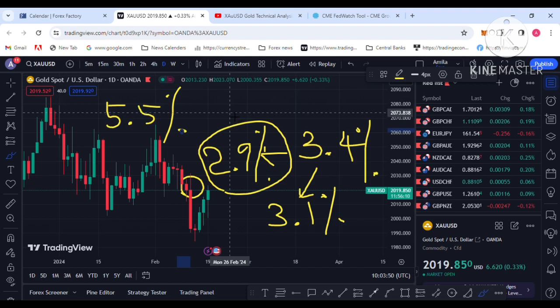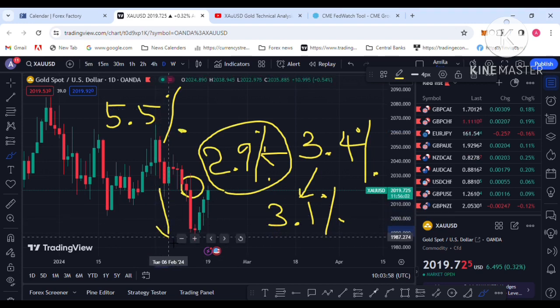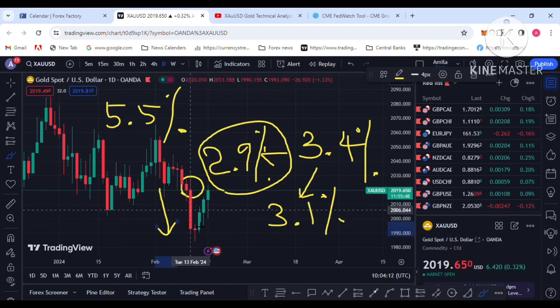That helps dollar demand, because 5.5 is an aggressive rate for the dollar at this time. So the inflation report did not drop to the expectation, so dollar demand rose and gold dropped vertically, about $40, above 400 pips, to 1985.